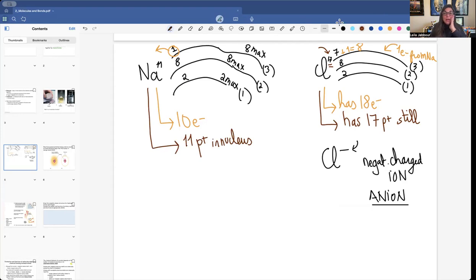That means that sodium has one more proton than it has electrons. So we put a little plus sign over here to show that this is a positively charged ion.